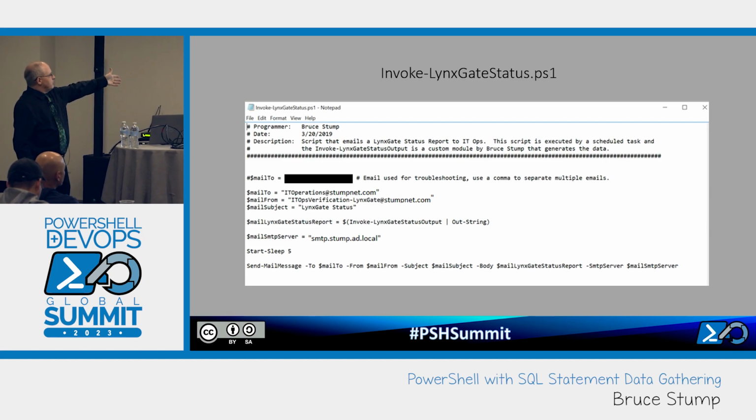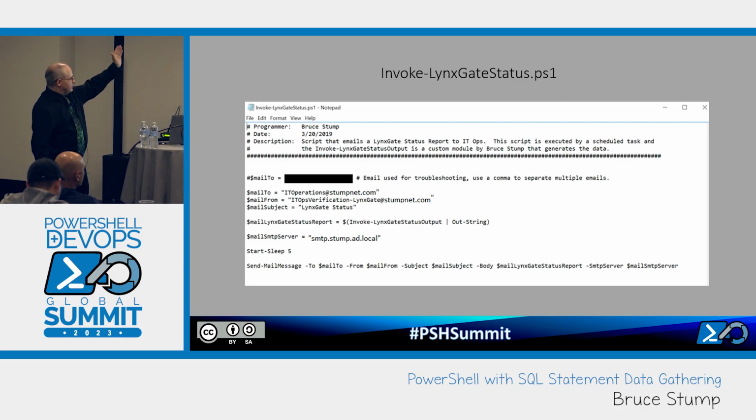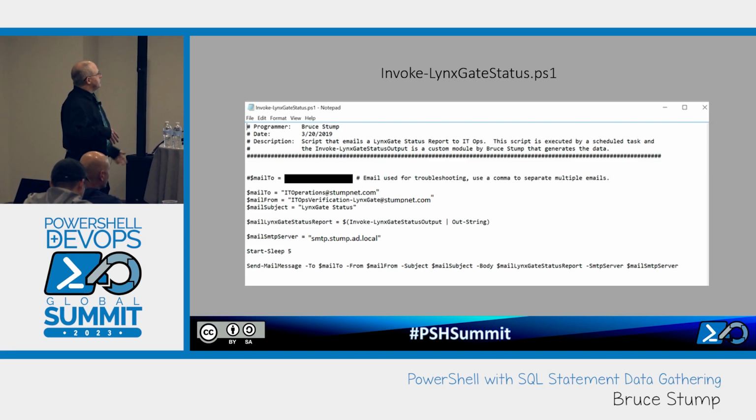Back then, I didn't do much splatting, but this might be a good case where you could use that here. Basically, it's just creating variables that send email. And then the mail Linkscape status report is basically just invoking a PowerShell script. One thing I had issues with is it creates an array. So I had to output it to a string because the array made the email look all messed up.